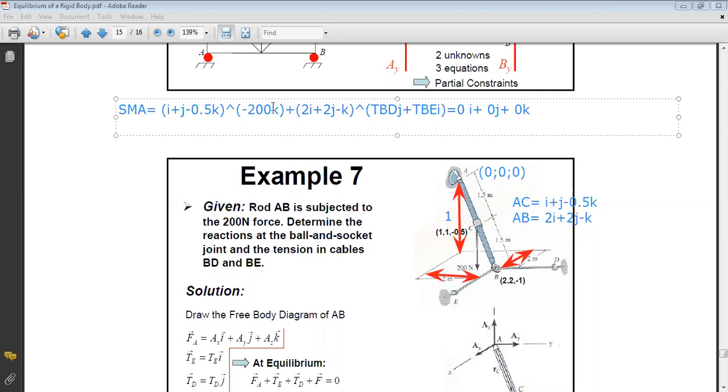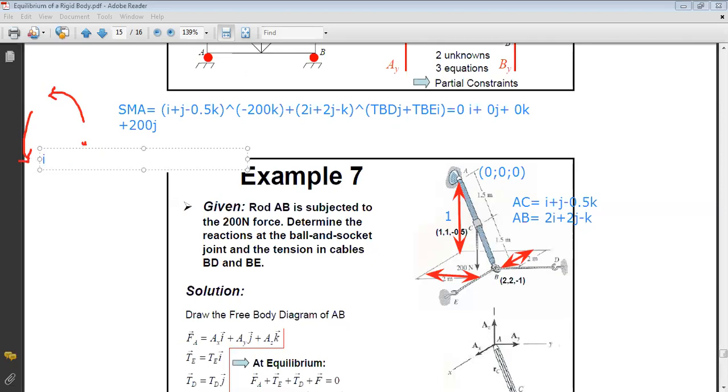I vectorial K is minus J, and already I have a minus, so it's plus 200 J. If you don't like the method in your head, you can draw a circle like this, turn in a certain positive direction, and put I, J, K. If I do K vectorial I, I move in the positive direction.